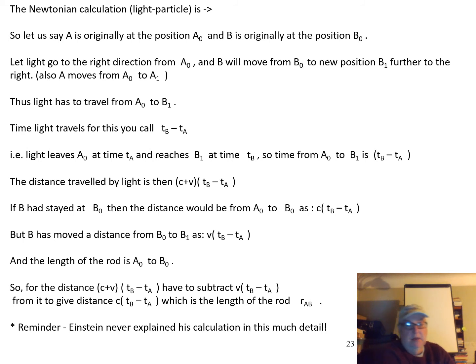Thus light travels from A subscript 0 to B subscript 1, and the time for the light to do that is T subscript B minus T subscript A, i.e. light leaves A subscript 0 at time T subscript A and reaches B subscript 1 at time T subscript B. So the time from A subscript 0 to B subscript 1 is T subscript B minus T subscript A, and so we can form the distance that the light has travelled.